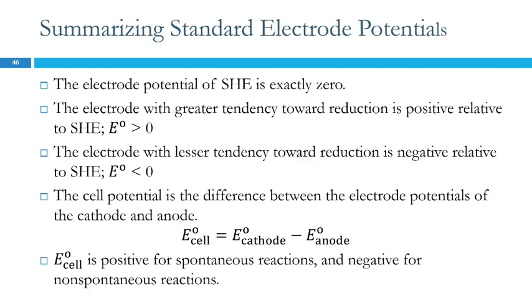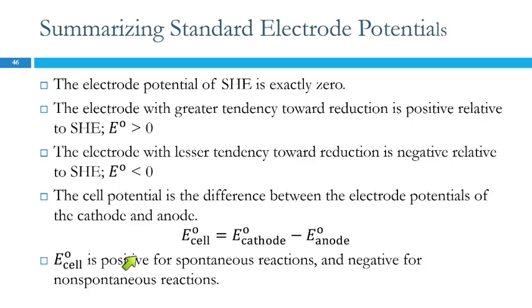The potential of the SHE, the standard hydrogen electrode, is exactly 0 because that's what we defined and we measured everything from. Things that have a greater tendency toward reduction are going to have positive potentials relative to that. Things with a lesser tendency towards reduction are going to be negative. The cell potential is the difference between the cathode and the anode.